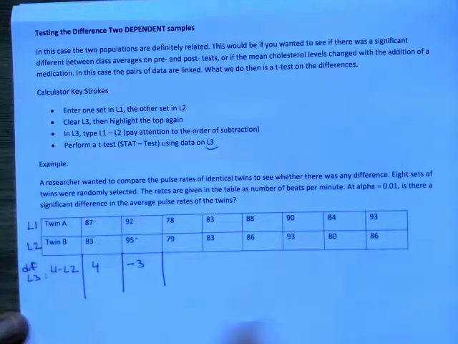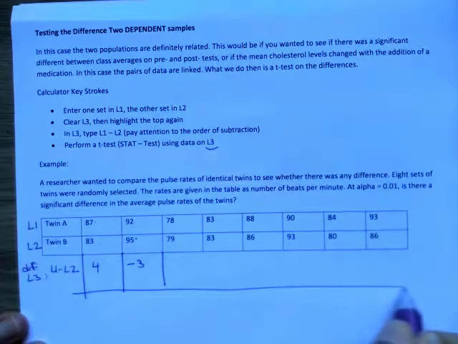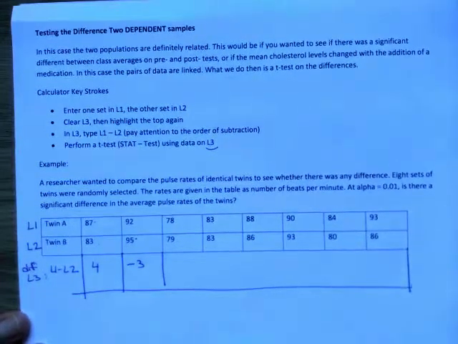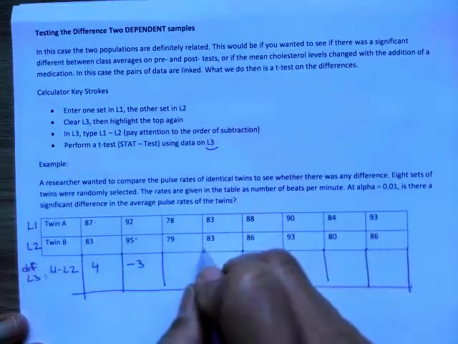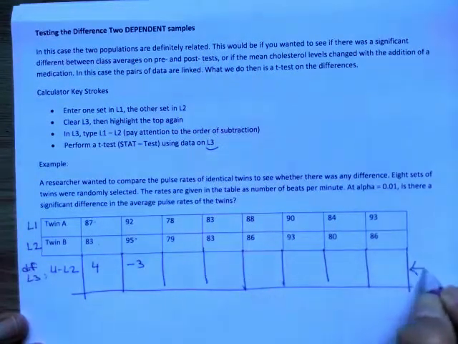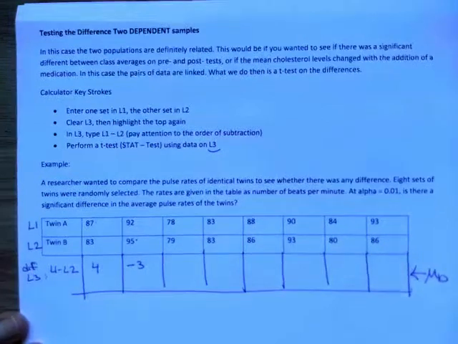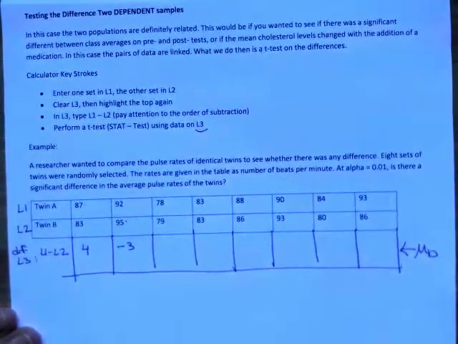Okay, and so forth down the line. Now I'm not going to fill that in because I don't really care what those individual values are. We're just going to test the mean of that column that we're going to find on our calculator.